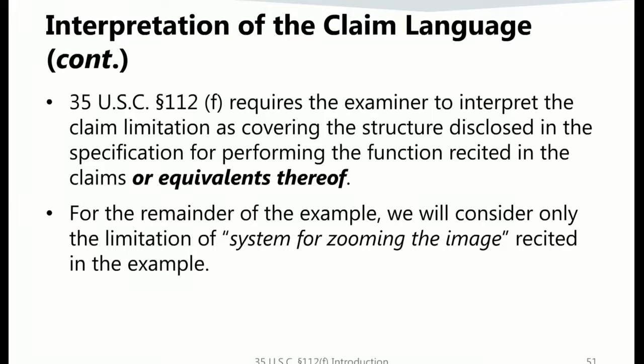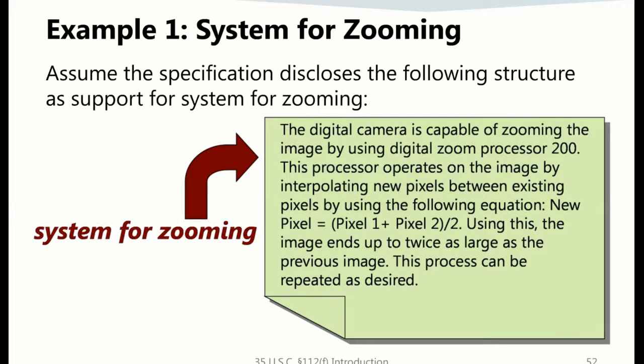35 U.S.C. 112(f) requires the examiner to interpret the claim limitation as covering the structure disclosed in the specification for performing the function recited in the claims or equivalents thereof. For the remainder of the example, we will consider only the limitation of system for zooming the image recited in the example. The specification discloses Digital Zoom Processor 200, which operates on the image by interpolating new pixels between existing pixels using the equation shown.